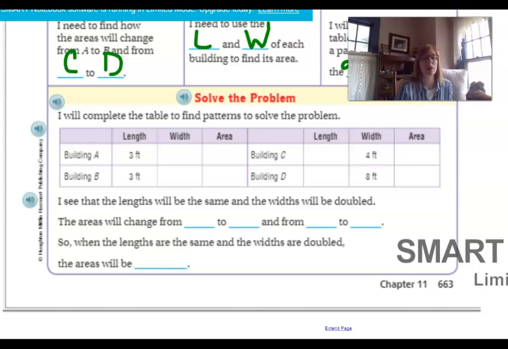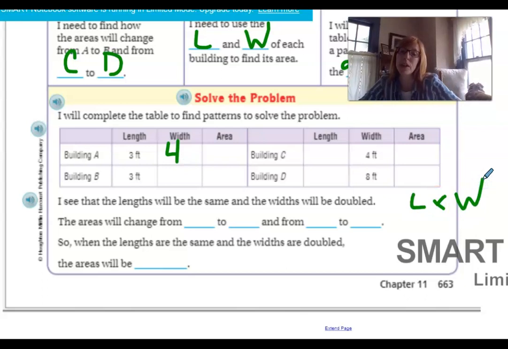All right, so if you're looking at your picture, you have building A is 3 feet. Okay, so you guys are looking at your book and I'm looking at my book so that we can see. And we have building A is 3 feet, but the length is 4 feet. Okay, and so we know that length times width gives us the area.